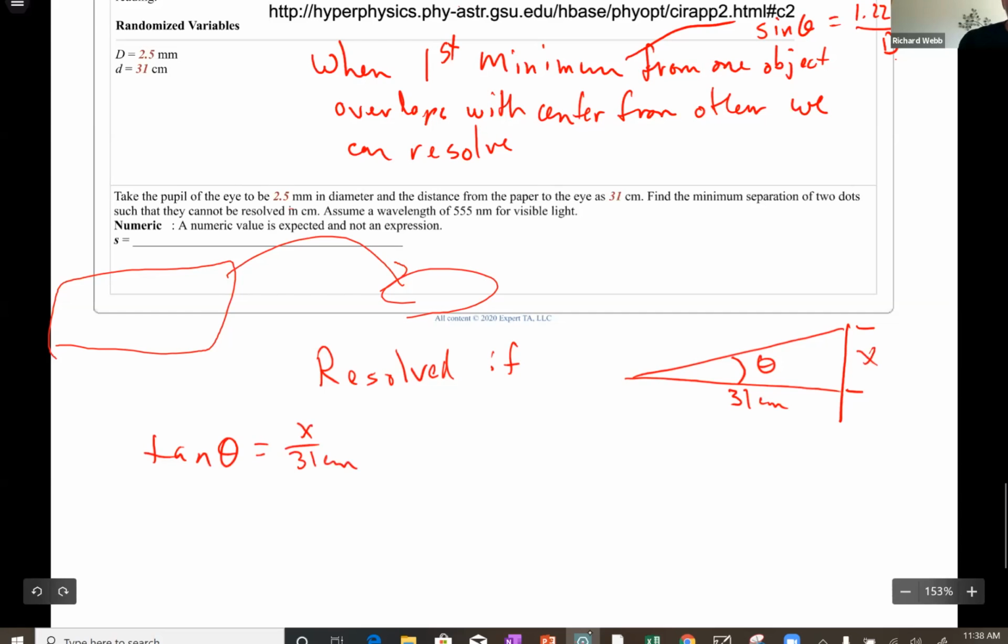We have two trig things. We have tangent theta is x over 31 centimeters, and we have sine of theta is equal to 1.22 lambda over the diameter of the pupil. And as you saw, they used the small angle approximation.